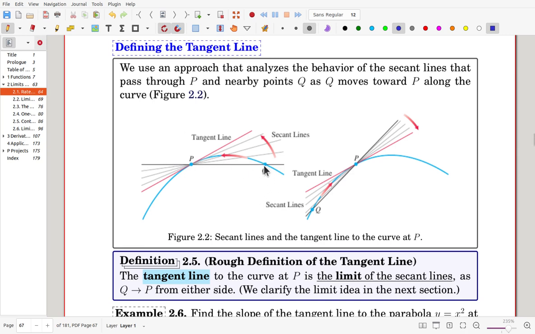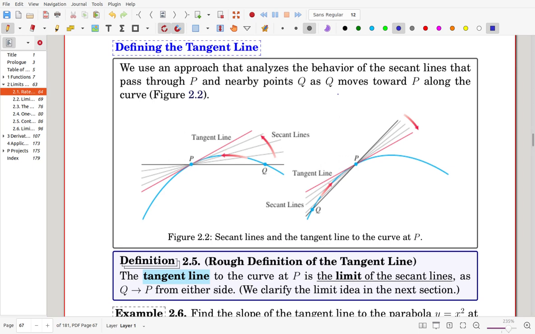As h approaches 0, the secant line will move in this way, approaching some line. If you do this from the left-hand side, which corresponds to h negative, the secant line also converges to some line. And once the left approach and right approach give the same limiting line, we say that is the tangent line.